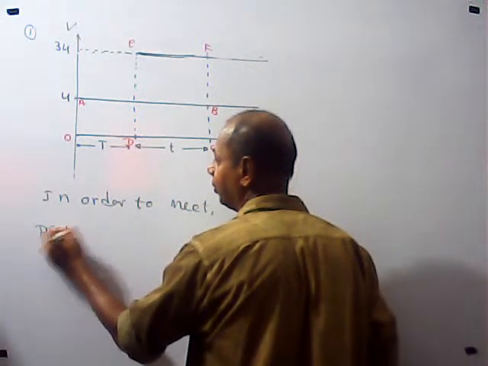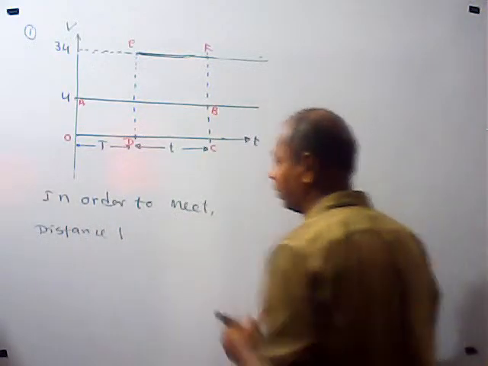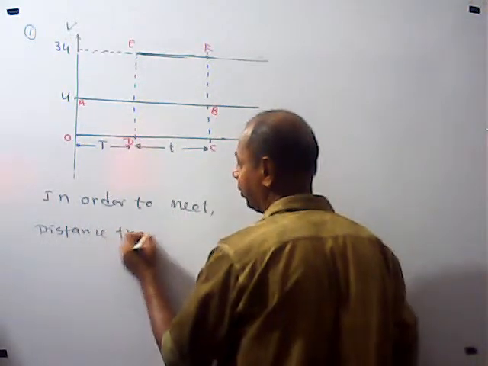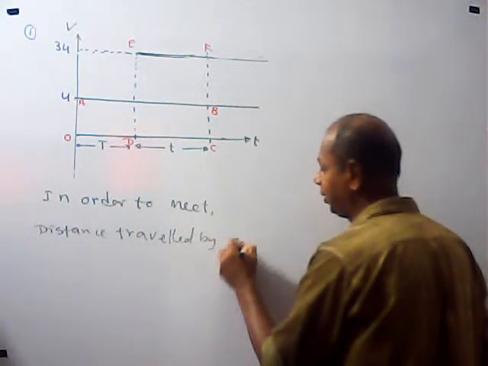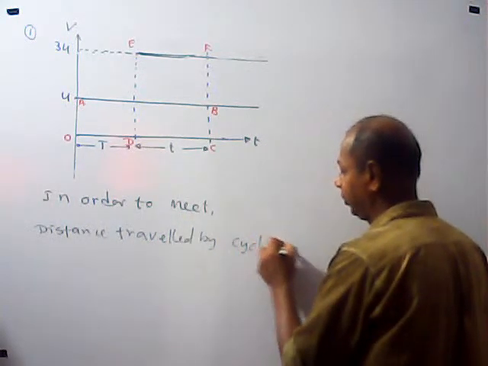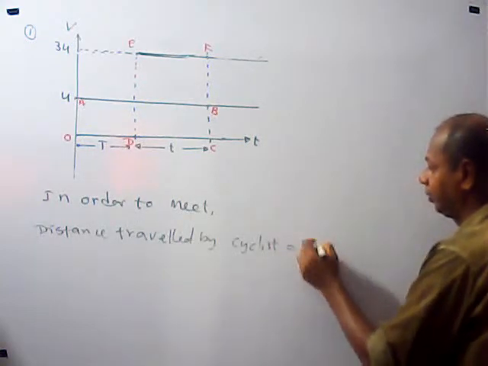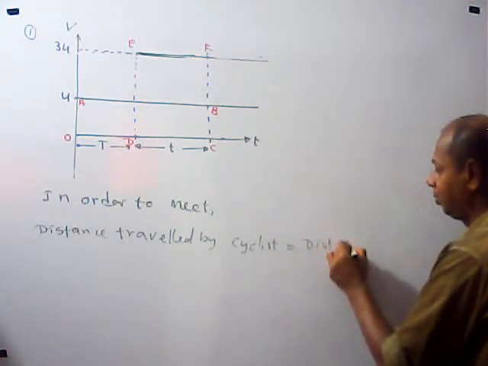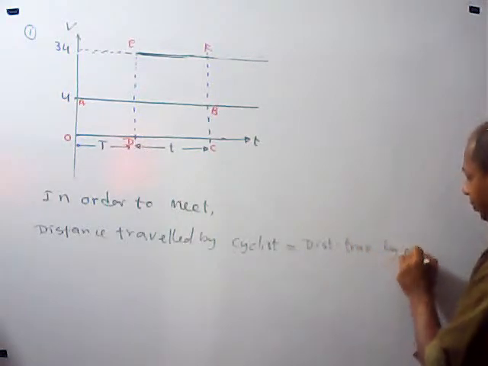Distance traveled by cyclist should be equal to distance traveled by motorcyclist.